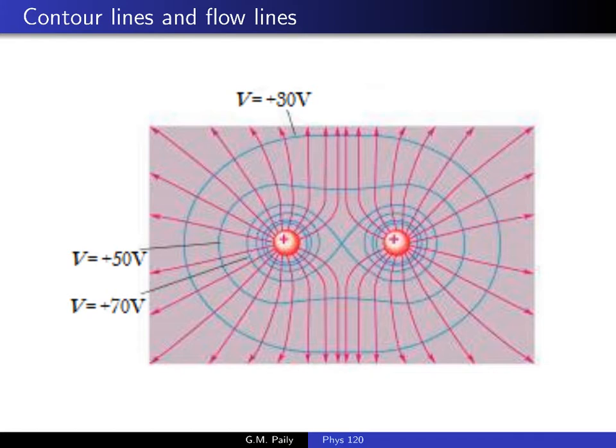For example, along this equipotential, we notice that the field is quite weak over here, but quite strong over here. As before, we note that the field strength is related to the spacing of the equipotentials. On this side, the spacing gets larger and so the field is weaker. But on this side, the spacing gets smaller and so the field is stronger.